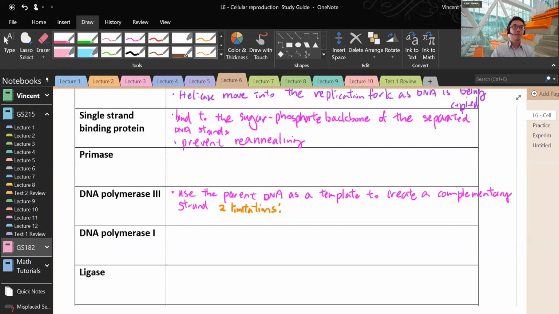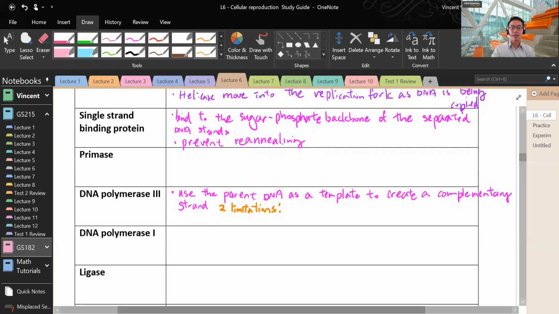It needs something to help it get started. Exactly. Thank you, Moira. It doesn't know where to start. So it cannot initiate the replication process. It doesn't know where to start.